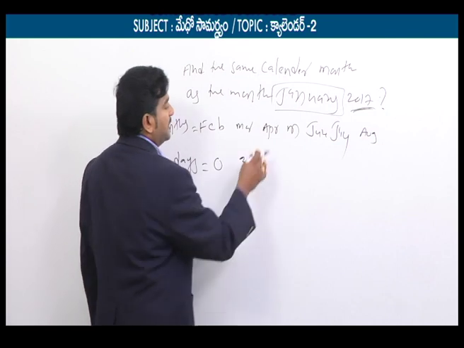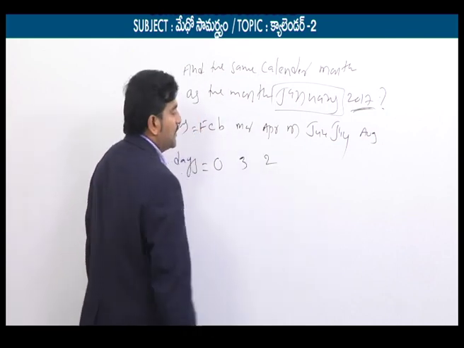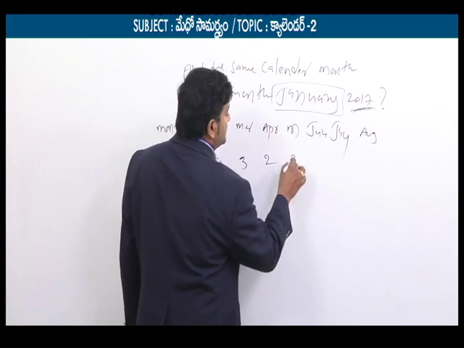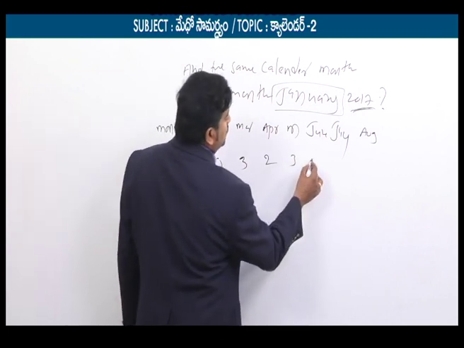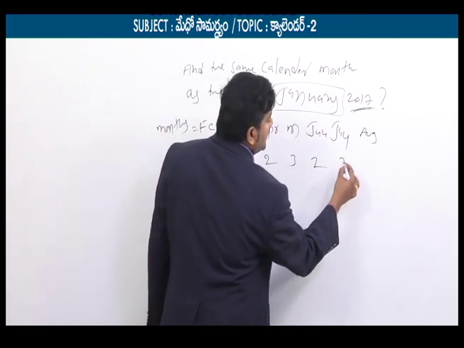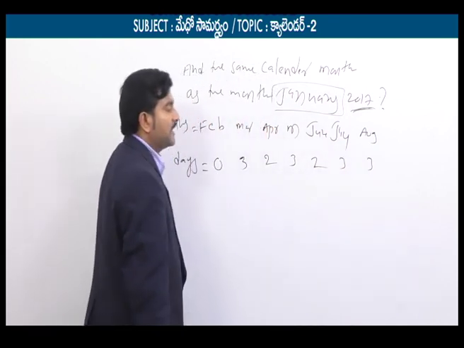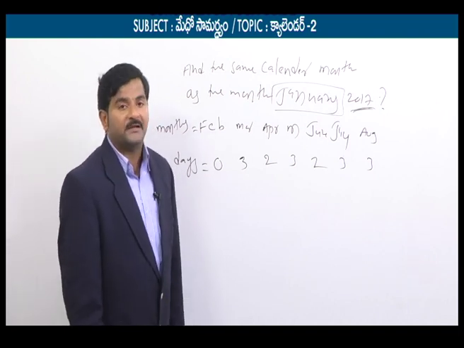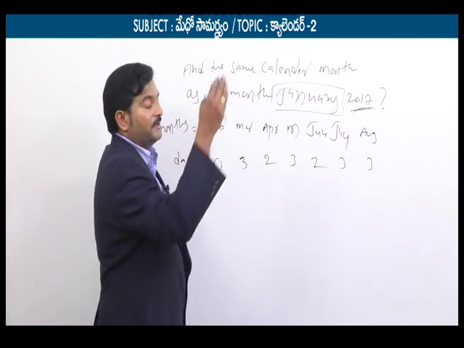Similarly April I am having only 2 odd days. May is having 31 days, that's why 3. June, 30 days, 2 odd days. Similarly July 3 odd days, August 3 odd days, because July month is having 31 days, August month is also having 31 days. Then how long do we need to write like this?